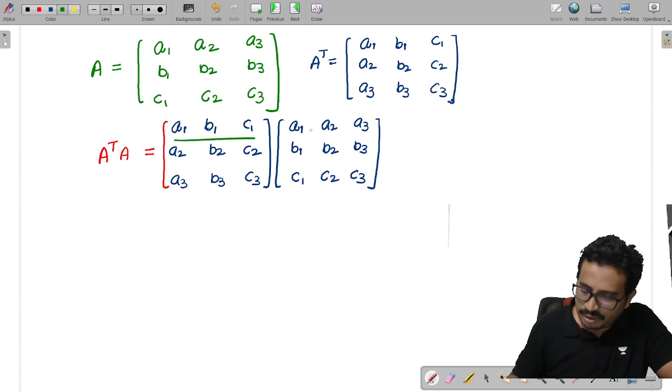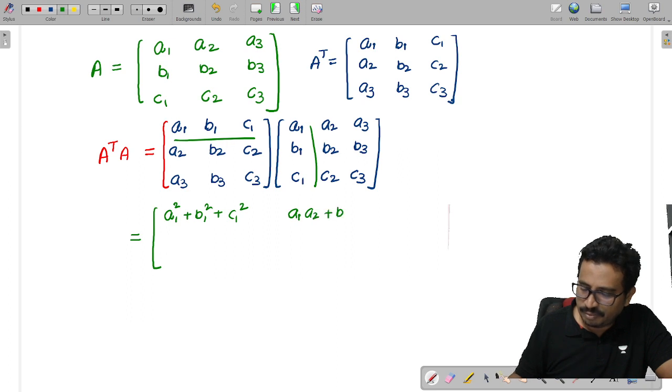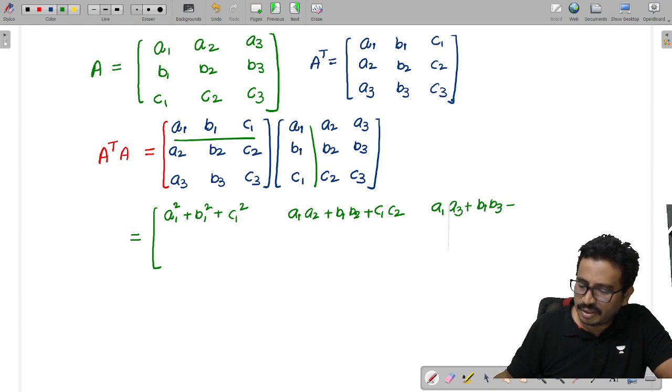If we multiply these two, rows with columns, we get the first element as a1 square plus b1 square plus c1 square. The second element is a1 a2 plus b1 b2 plus c1 c2. The third element is a1 a3 plus b1 b3 plus c1 c3.